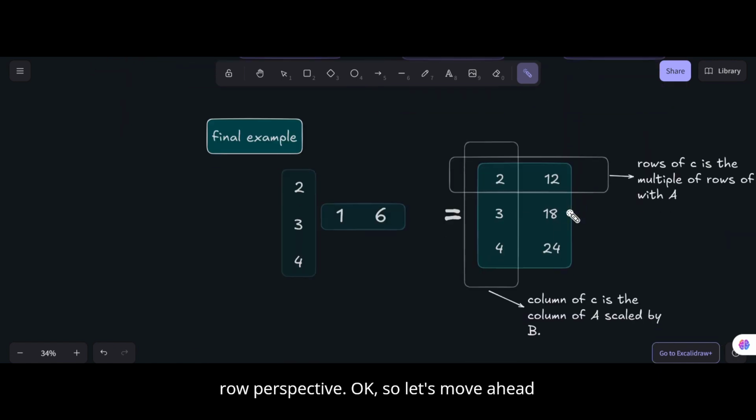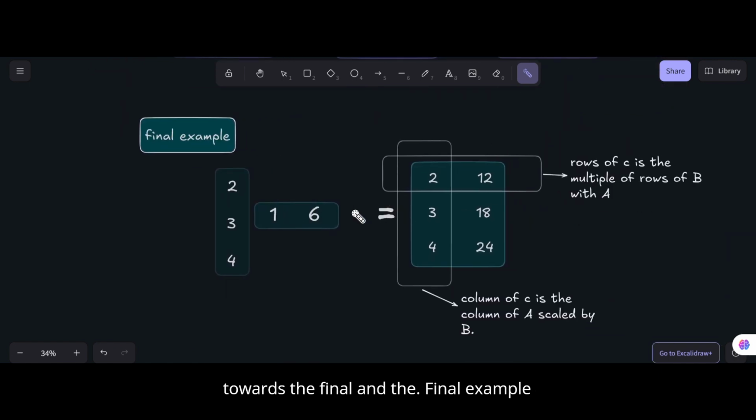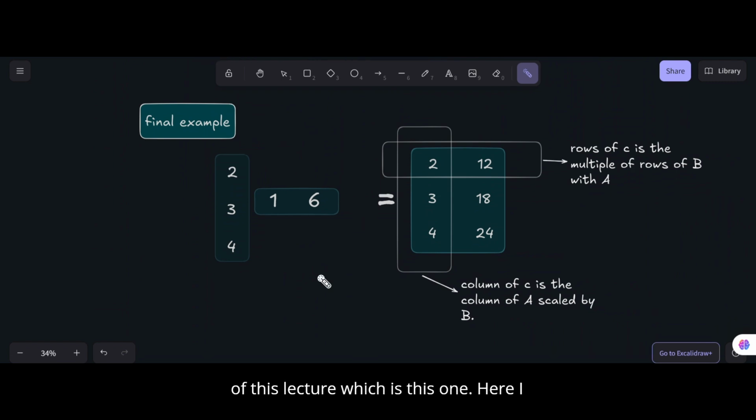Okay, so let's move ahead to the final example of this lecture, which is this one. Here I have taken one column vector and one row vector, and I have computed their result already.